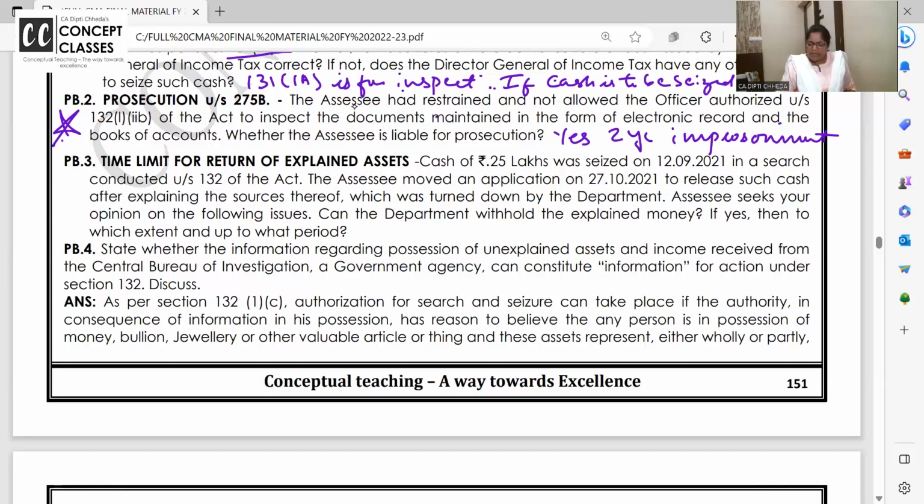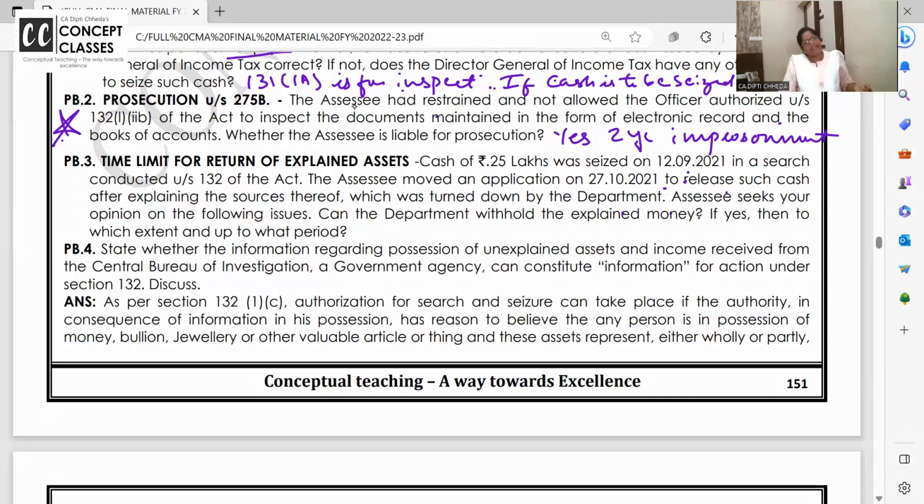So cash of 25 lakhs was seized in a search, and the SSC moved application on 27th October 2022 to release such cash after explaining the sources thereof, which was turned down by the department. 12/9 में अगर आपके पास सर्च हुई है तो सितंबर खत्म होने दो, अक्टूबर 30th के पहले you are asking for release of the explained assets.